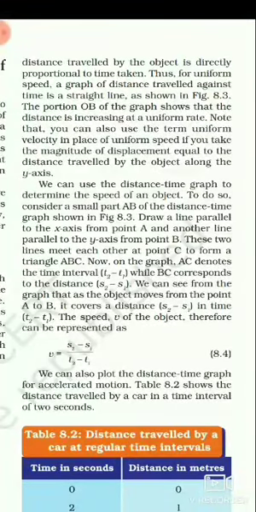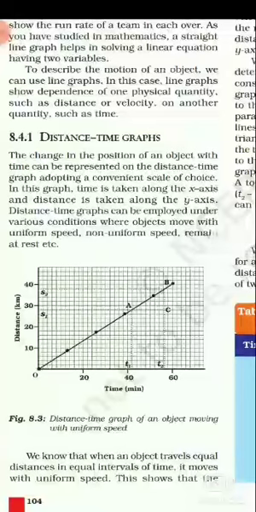As shown in figure 8.3, the portion OB of the graph shows that the distance is increasing at a uniform rate. So here you can see the distance covered in 20 minutes.